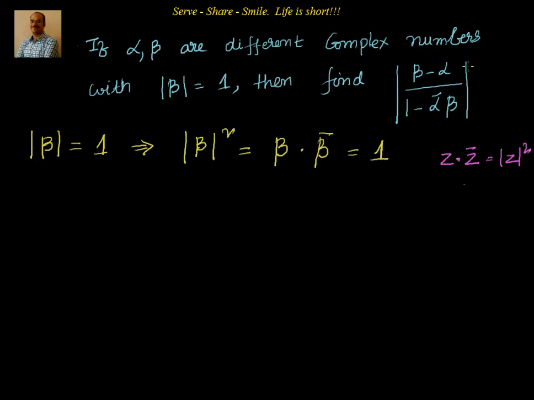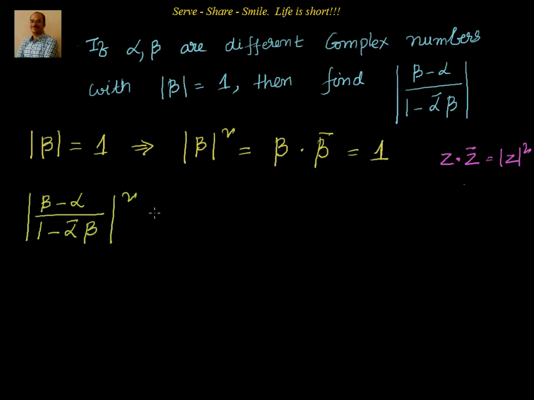Now again we have been given the modulus of a complex number to find out, but we will square it up so that we can write it as the product of the complex number and its conjugate. So what we have to find out, we will take it and square it. We will write it as beta minus alpha divided by 1 minus conjugate of alpha into beta.